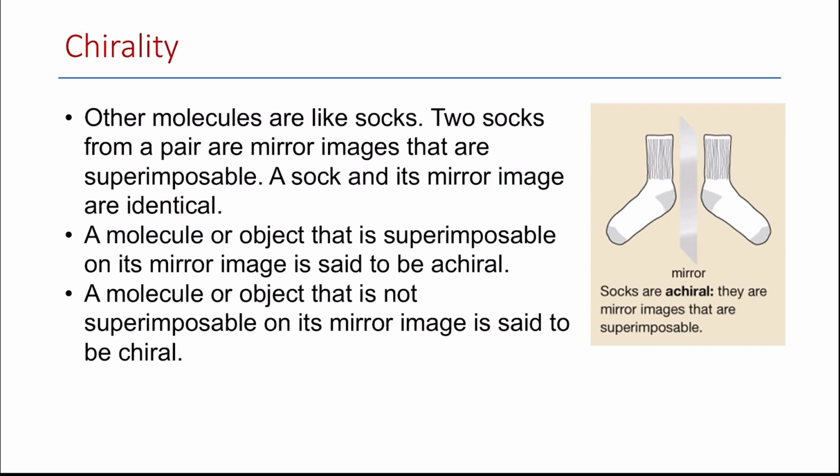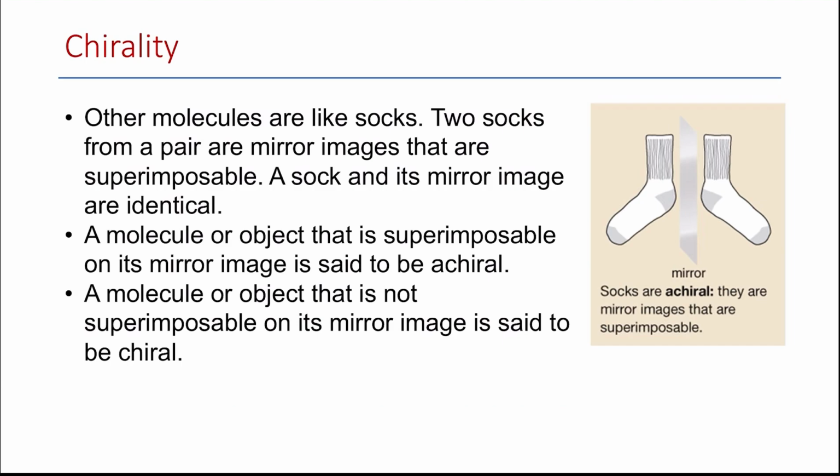Any molecule whose mirror image is superimposable on it is not chiral. And remember, any object or molecule has a mirror image, but the idea is whether this object or molecule and its mirror image are superimposable or not.